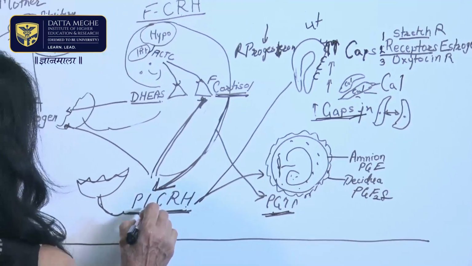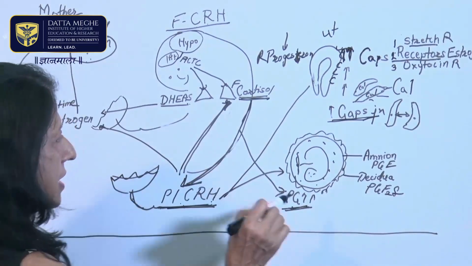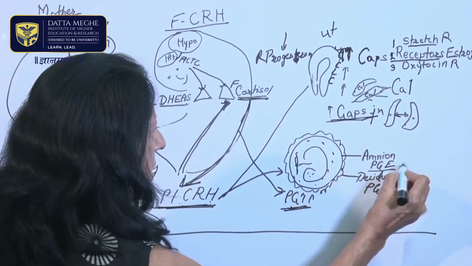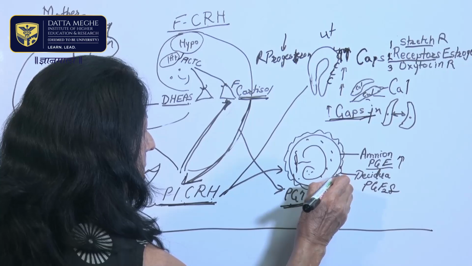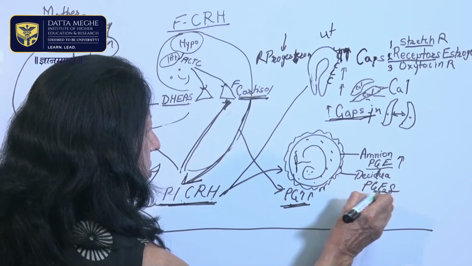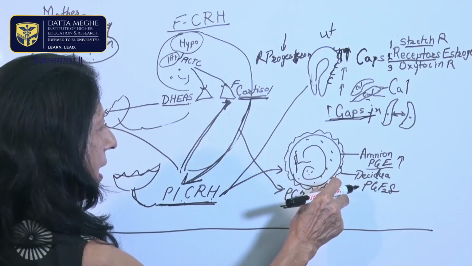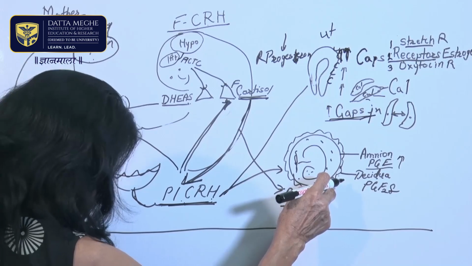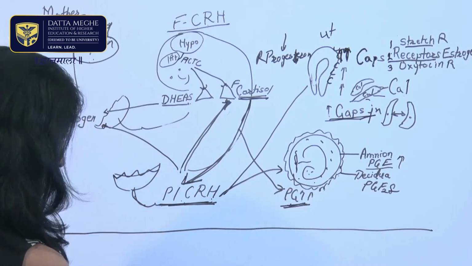The cortisol and this CRH, placental CRH, also is effective over the amnion to release prostaglandin E2, and on decidua it causes release of prostaglandin F2 alpha. As such, these prostaglandins are stored in the amnion and decidua in the form of glycerophospholipids.